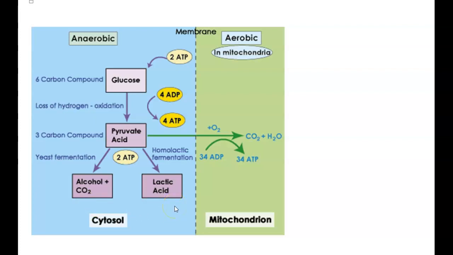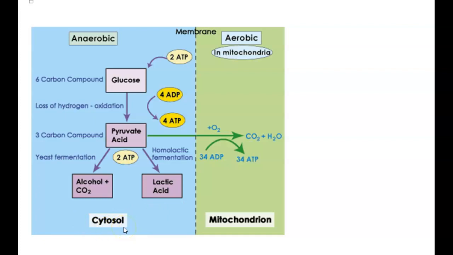Lactic acid bacteria, that's how they make kefir, yogurt, different kinds of cheeses. That would build up in our muscles right when we don't have enough oxygen and we go anaerobic. So all this is in the cytosol or cytoplasm.